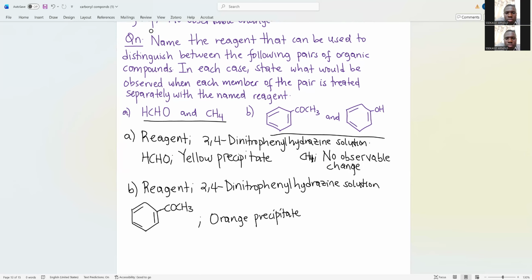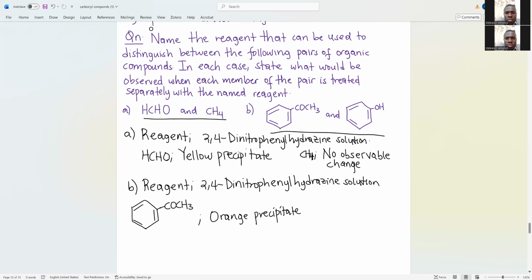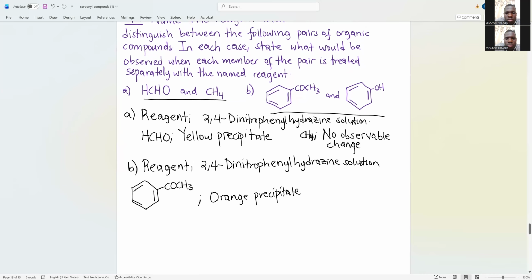Then phenol, with phenol, no reaction. As simple as that. So you see how it is applied. That's why I was saying that you shouldn't forget that versatile reagent.